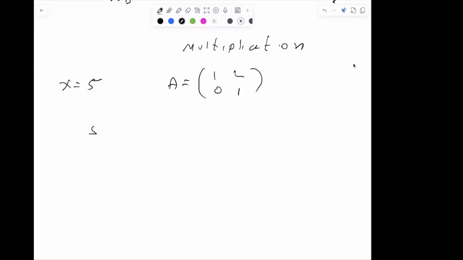So 5 times A is equal to 5 times 1, which is 5, 5 times 2, which is 10, 5 times 0, which is 0, and 5 times 1, which is 5. Very simple. So adding matrices, just remember they must have the same dimensionality. Multiplying by a scalar is very simple. You just multiply each component by the scalar.